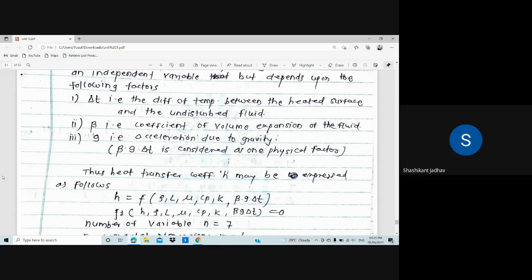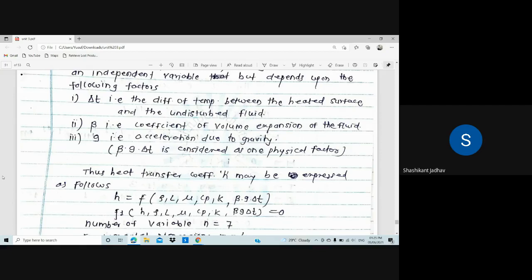Write down the first factor, delta T, that is the difference of temperature between the heated surface and the undisturbed fluid. Okay, so this is the first factor.